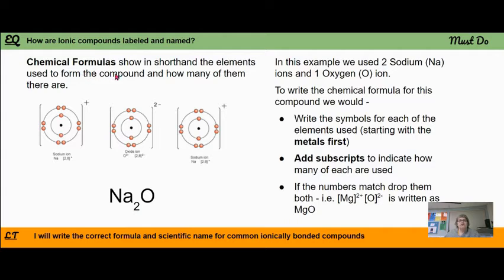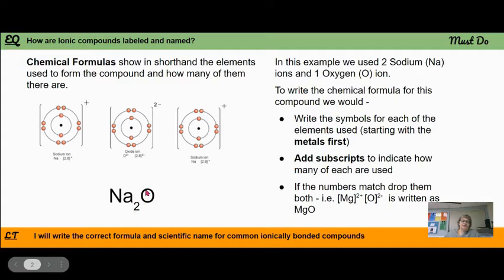And so a chemical formula shows in shorthand the elements used to form the compound and how many of each of them there are. Okay, so in my example here, there are 2 sodium ions and 1 oxygen ion. Okay, in chemistry, we seem to not like the number 1.